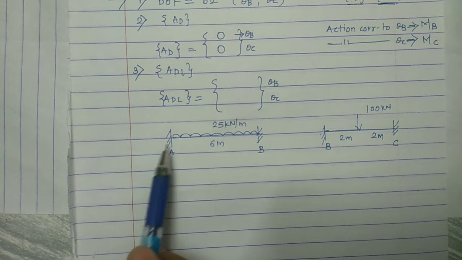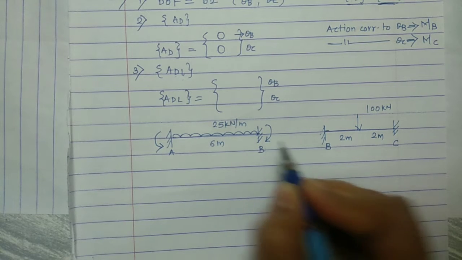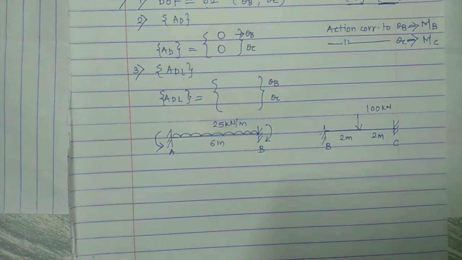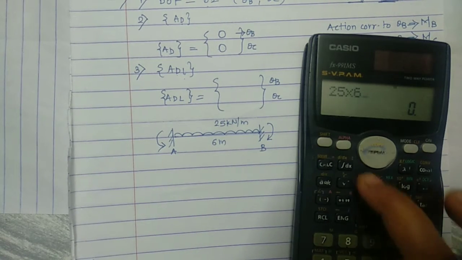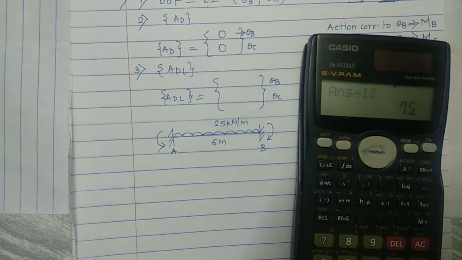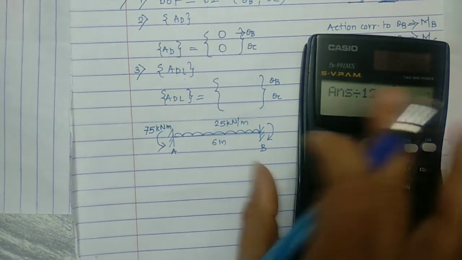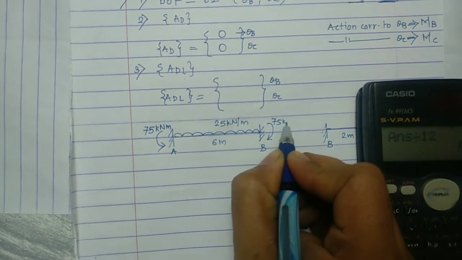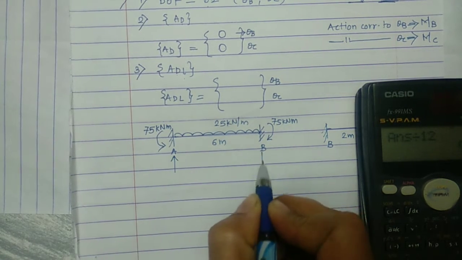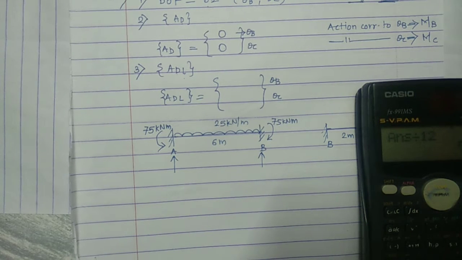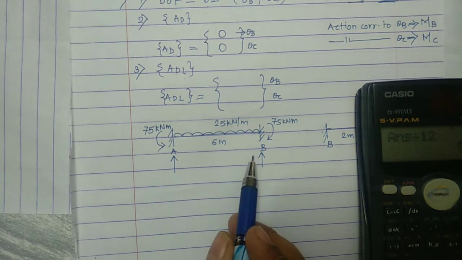So calculate the moments here. Because of the UDL, the moment at A is WL square upon 12, and the moment at B is clockwise WL square upon 12. That quantity is calculated as 25 into 6 square divided by 12, which equals 75 kilonewton meter, at both ends. Now the reactions at points A and B. Use summation of moment about A or B equal to 0 and summation Fy equal to 0.